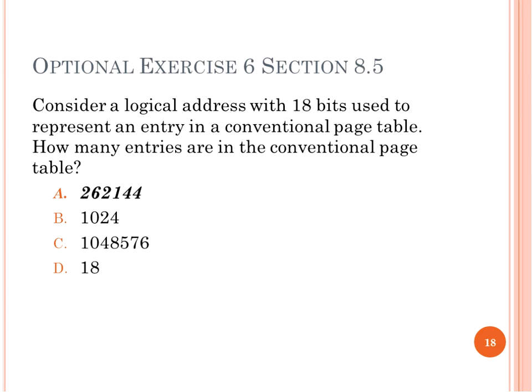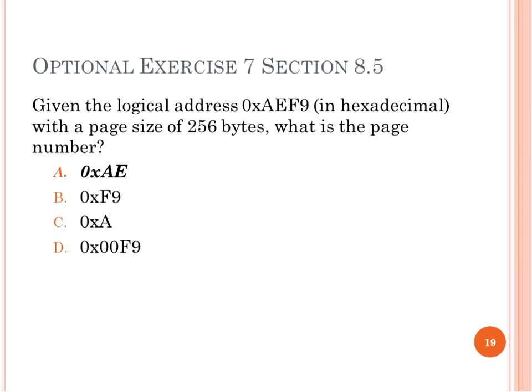So consider a logical address of 18 bits used to represent an entry in a conventional page table. How many entries are in the conventional page table? And that's the answer. So again, go to section 8.5 and it will draw out that algorithm and how it's calculated. Same thing here, section 8.5.